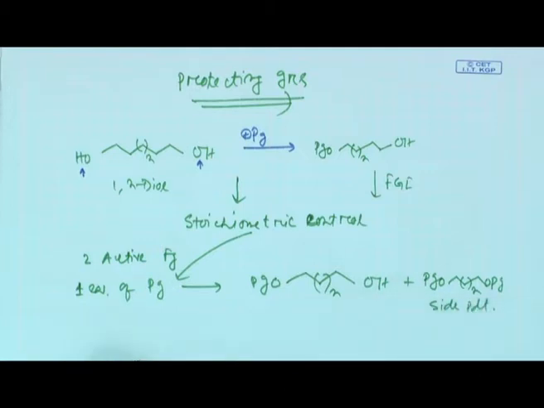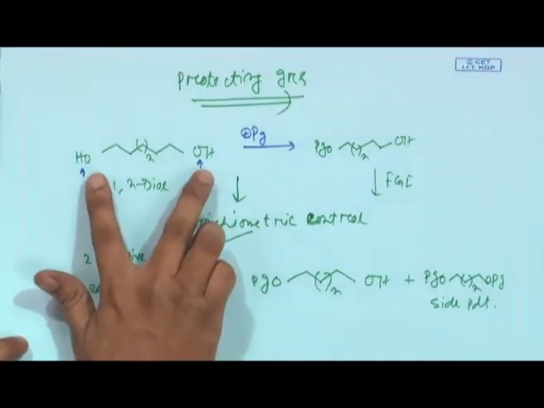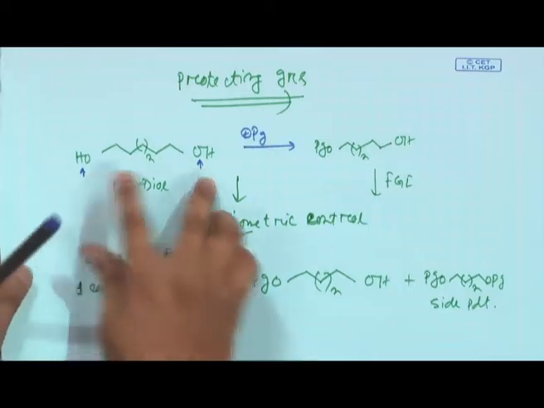But nevertheless, this kind of reaction is very useful, and if both the functional groups are having equal chemical reactivity, like in this case both are primary alcohols, things will be a little bit simplified if you are having a compound like this.